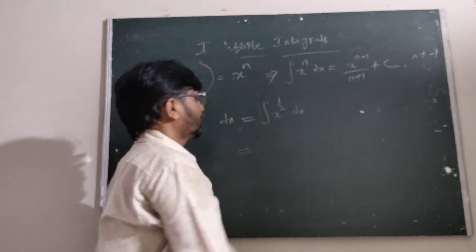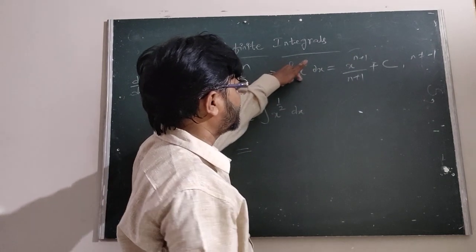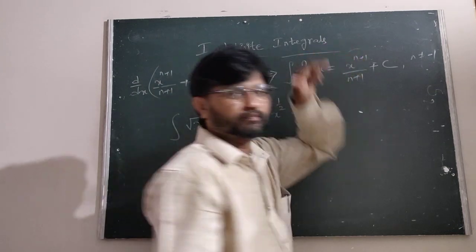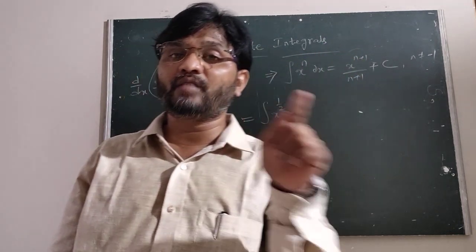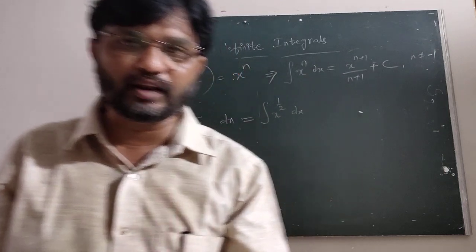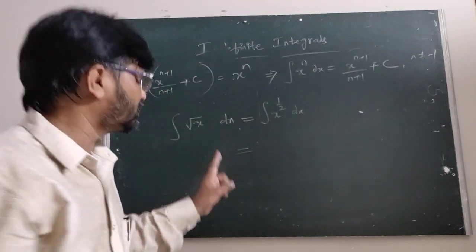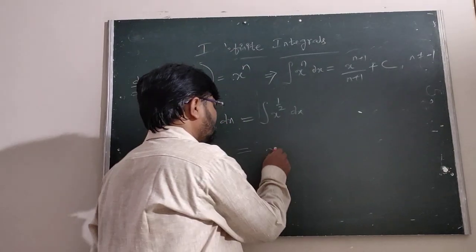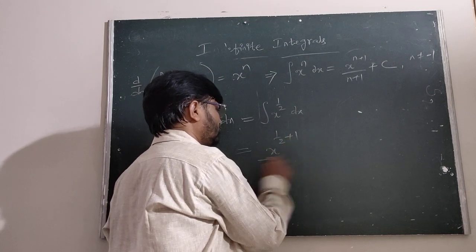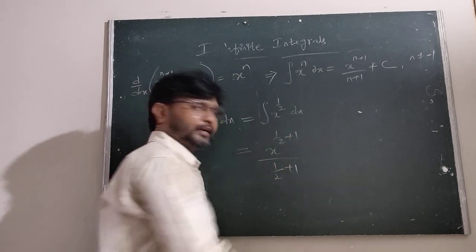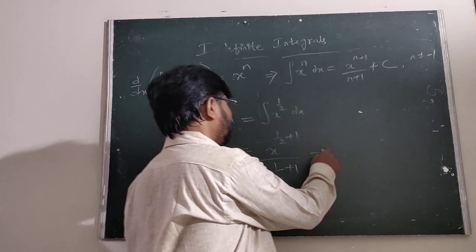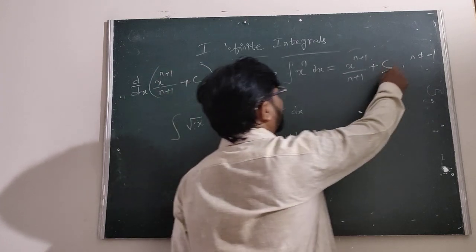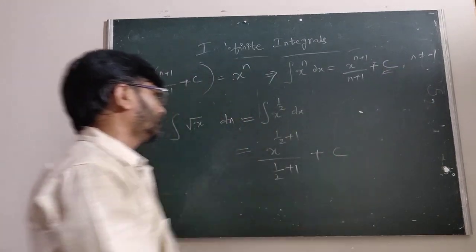We know that the integral of x power n is x power n plus 1 by n plus 1. That's why we are taking here x power 1 by 2 plus 1 whole by 1 by 2 plus 1. Then every time take the integral constant. This is the arbitrary constant.